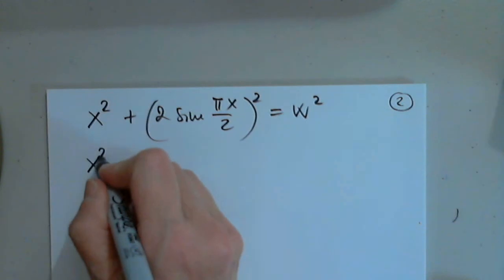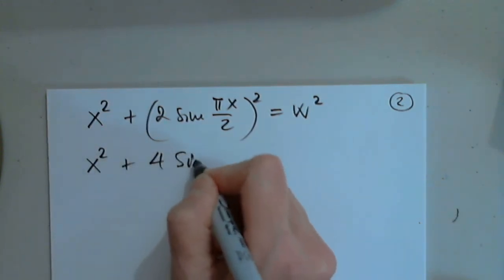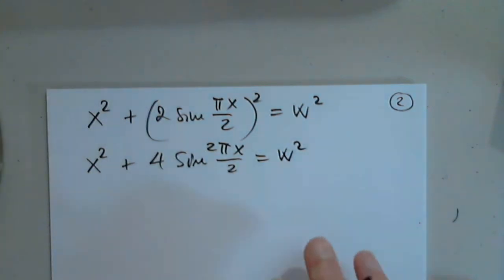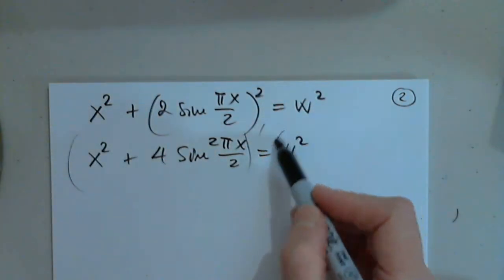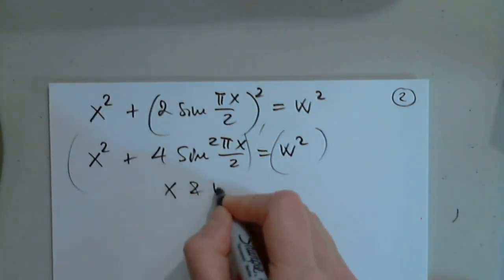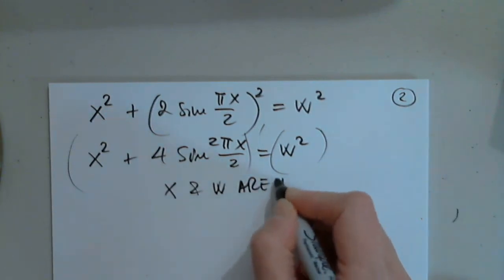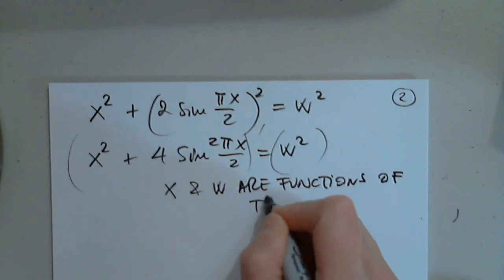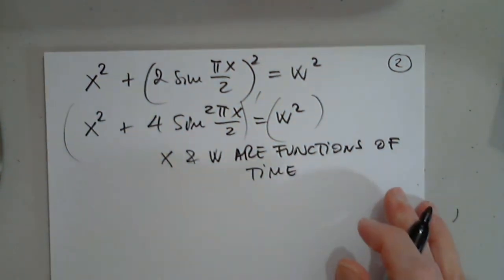Okay, so this is the equation. And now we differentiate implicitly, where x and w are functions of time. Just to make super sure.